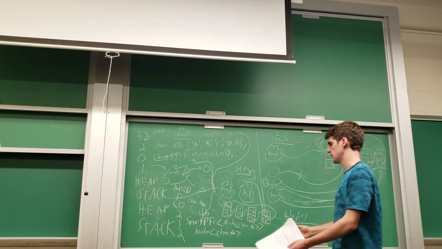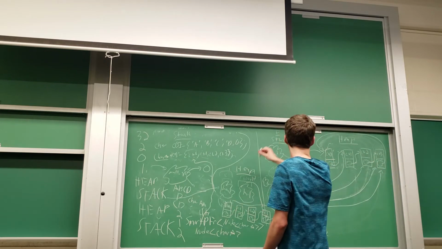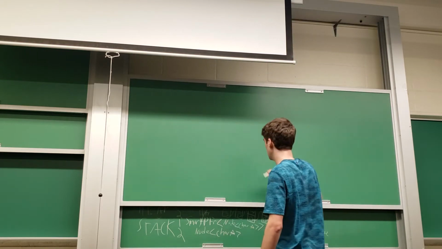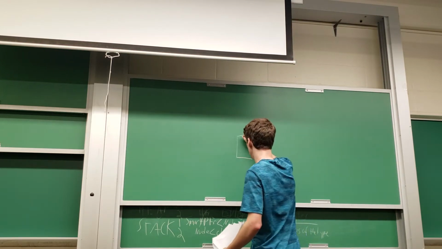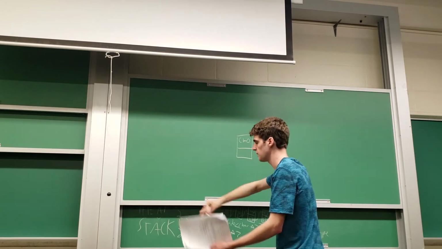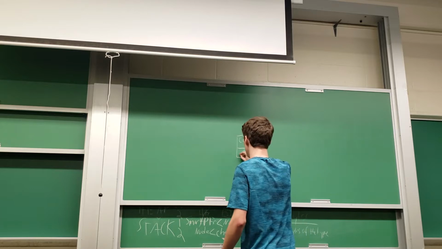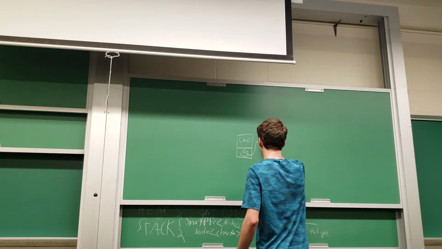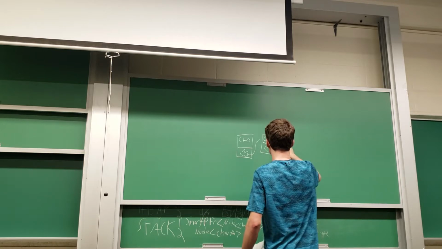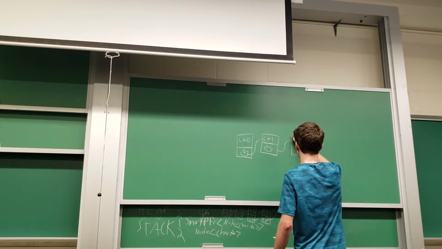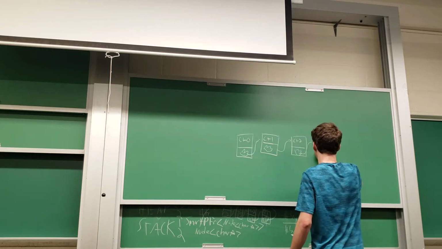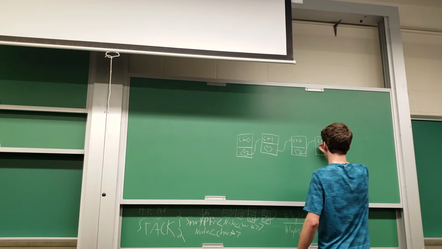That left us with this diagram, which I'm going to redraw right now. We had c plus 0, and remember it wasn't really c plus 0, it was pointing to the a or whatever, but I just did it like that. This was pointing to c plus 1, and this was pointing to c plus 2, and this was pointing to c plus 3.